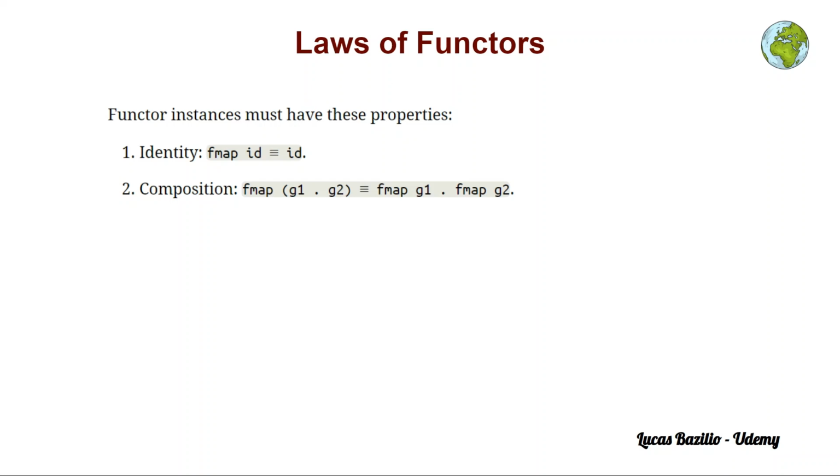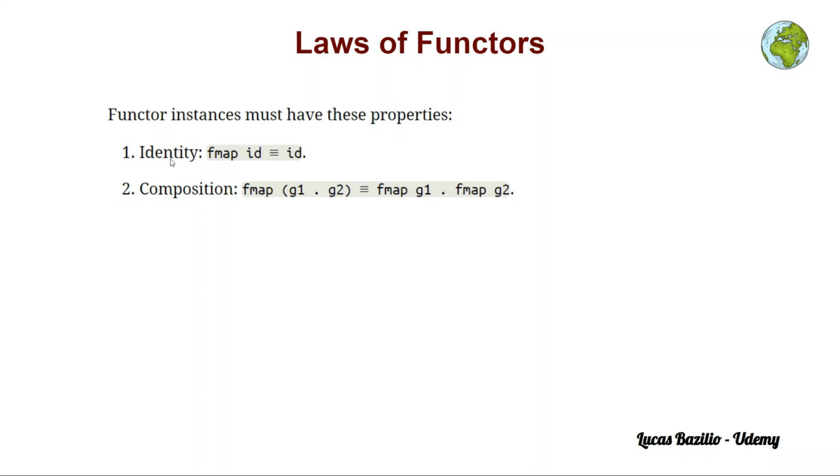These laws tell us, watch out, for some instantiation of functors or for some definition of the f-map by some type to be a functor, what must be fulfilled are these two properties in here: the identity and the composition.